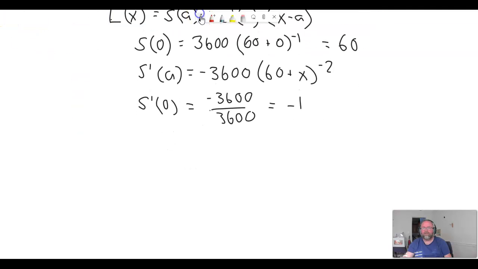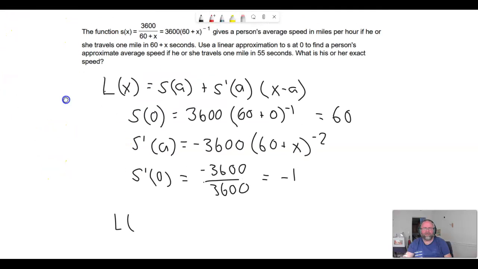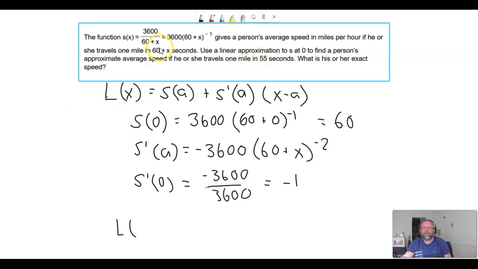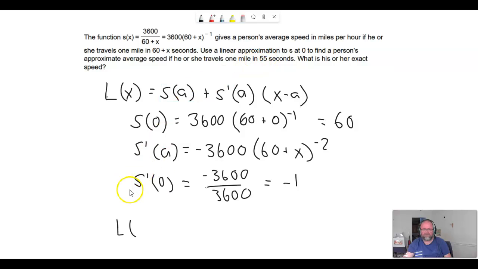Plugging this in, our x in this case is going to be -5. Why? Because 60 plus -5 is going to give us our 55 seconds. So that's what we're going to put in there for x.